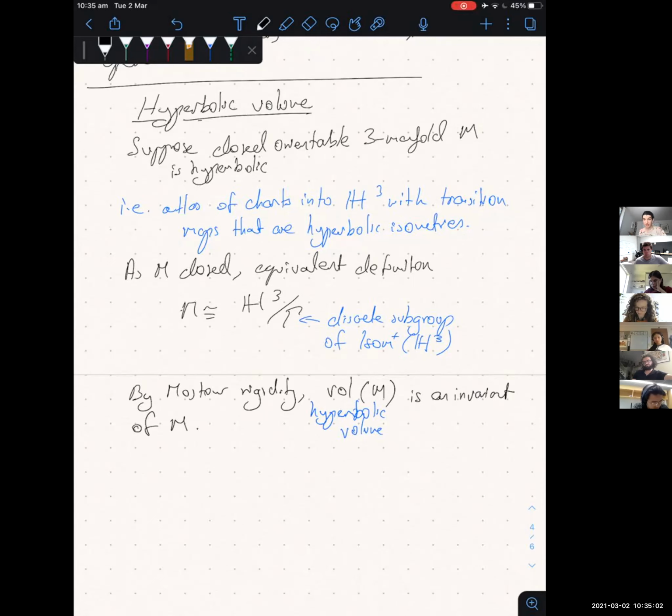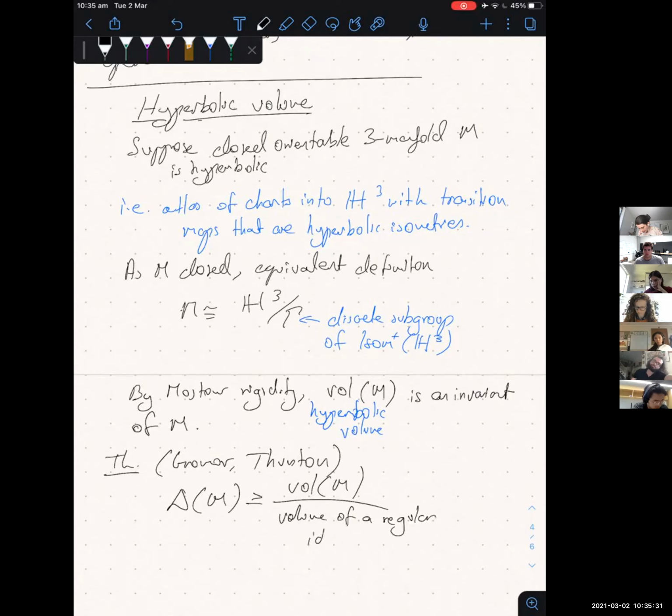One result that we can get with triangulation complexity out of this, at least as an easy corollary of some work by Gromov and Thurston, is that the triangulation complexity of M is at least the hyperbolic volume of M divided by the volume of the biggest geodesic tetrahedron you can get in hyperbolic 3-space, the volume of a regular ideal tetrahedron in H3.